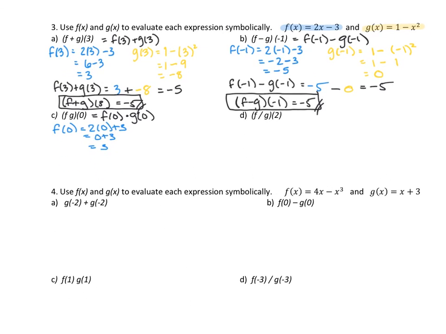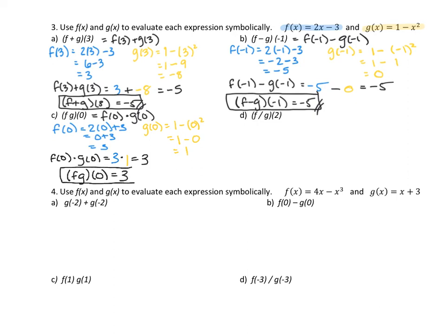And then for g of 0, we have 1 minus 0 squared. 0 squared is just 0, and 1 minus 0 is 1. So when we do f of 0 times g of 0, that's going to be 3 times 1, also known as 3. So we'll have f times g of 0 is equal to 3.